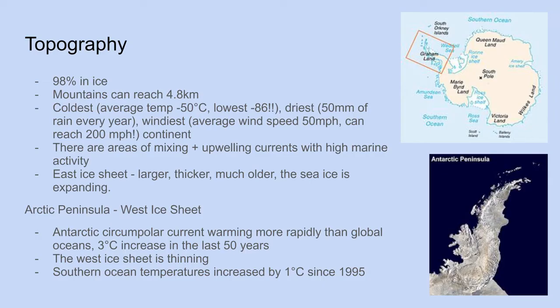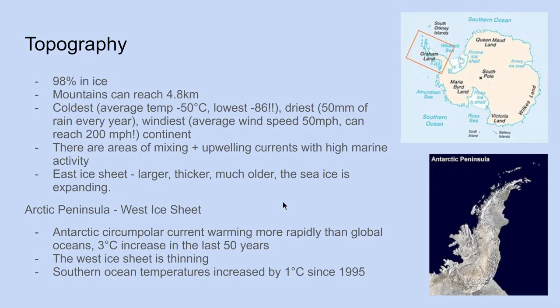The east ice sheet, on this side, is larger, thicker and much older, and the sea ice is actually expanding. In 2014, it was said to have around 20 million meters squared.